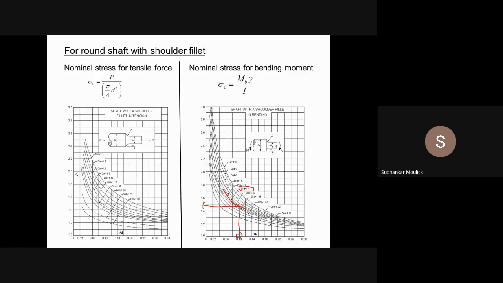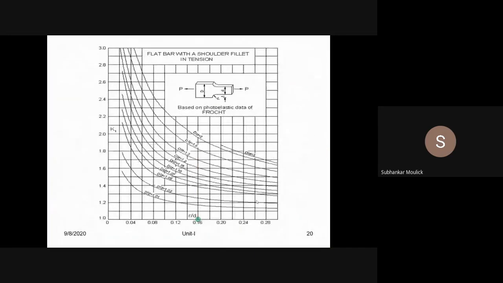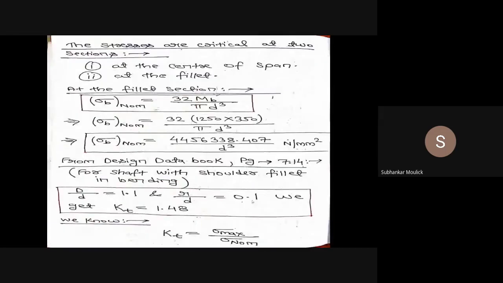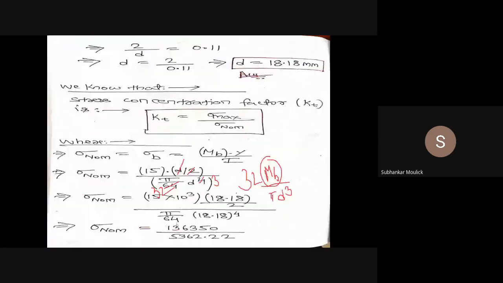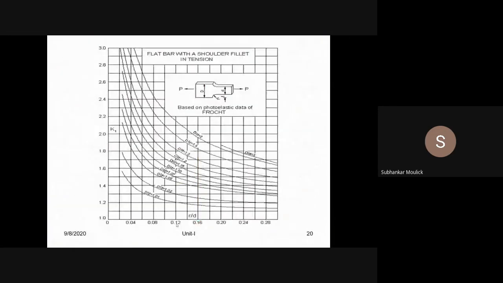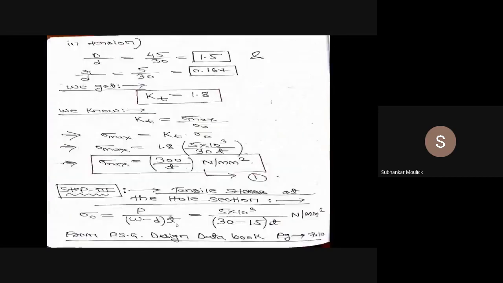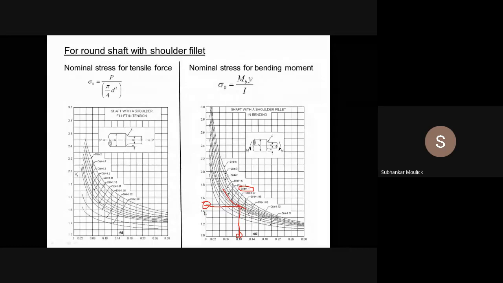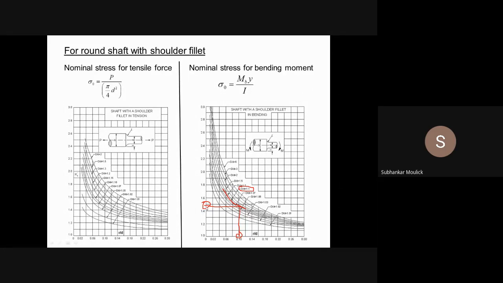This value will be your near about KT value, and that KT value comes out to be 1.48. This is 1.4, this middle value will be 1.5, near about equal to 1.48. Is it clear?